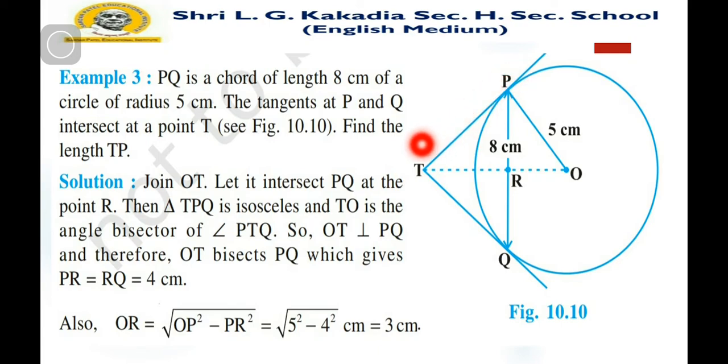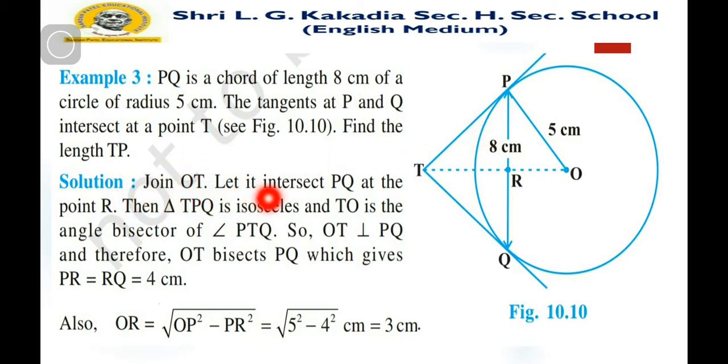First, we know that PQ is 8 cm, so PR is 4 cm.